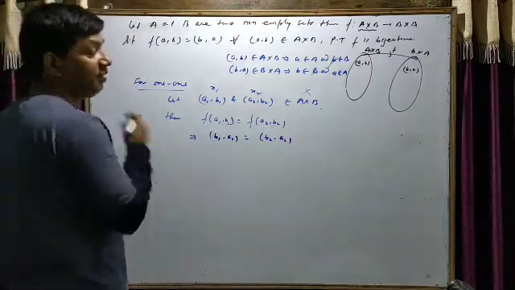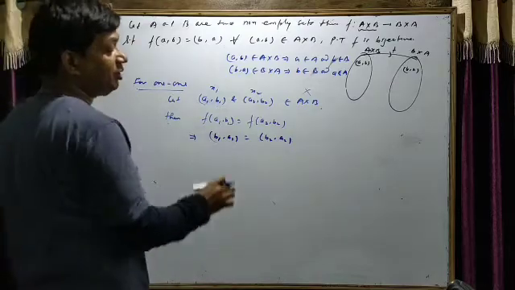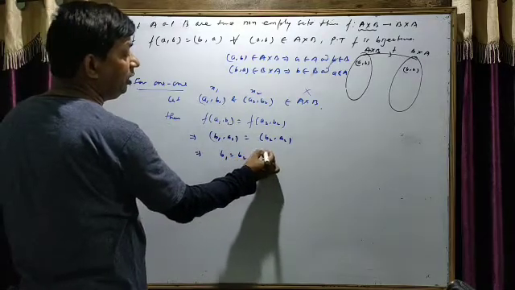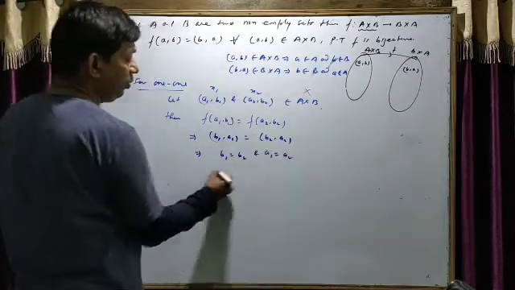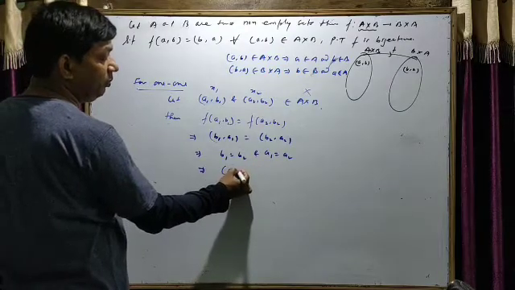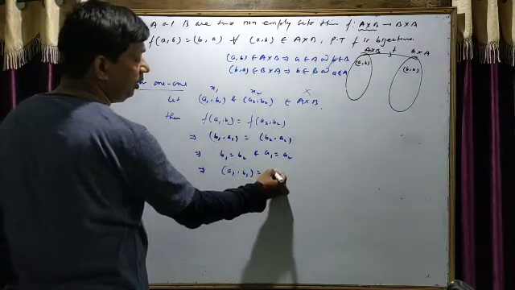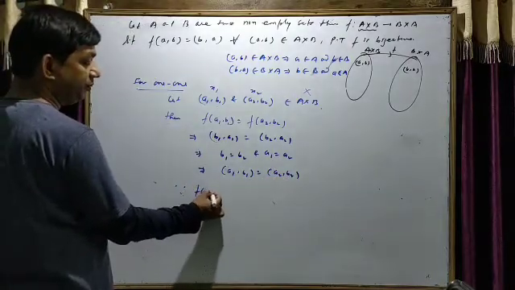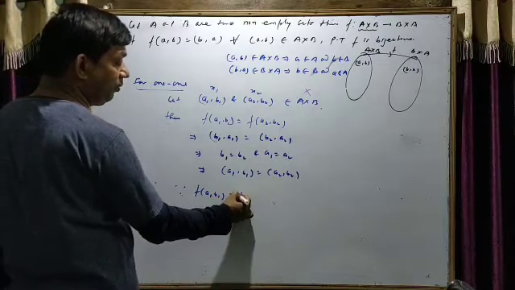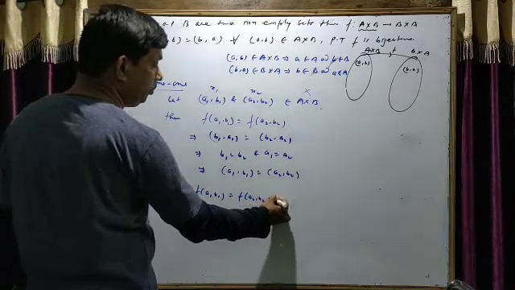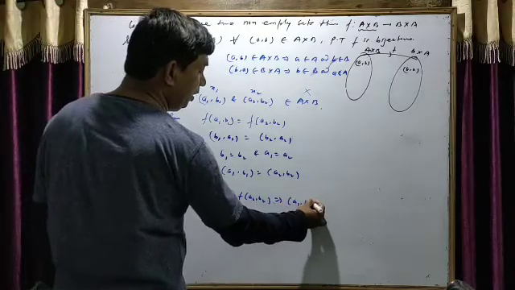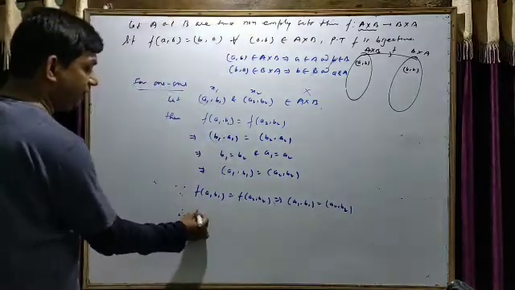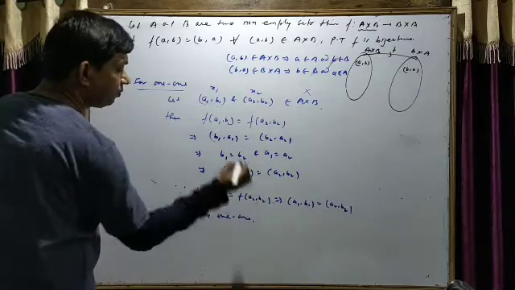So what you observe, if two ordered pairs are equal, that means the first component is equal to the first and the second component is equal to the second. So this implies b1 equal to b2 and a1 equal to a2. So we can write (a1, b1) equal to (a2, b2). Since f of (a1, b1) equal to f of (a2, b2) implies (a1, b1) equal to (a2, b2), therefore f is one-one.